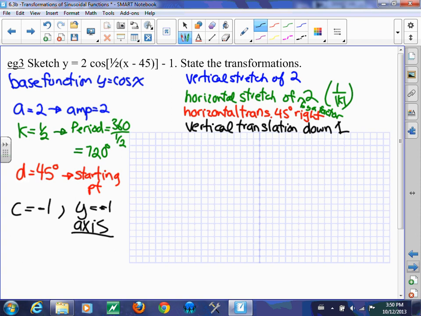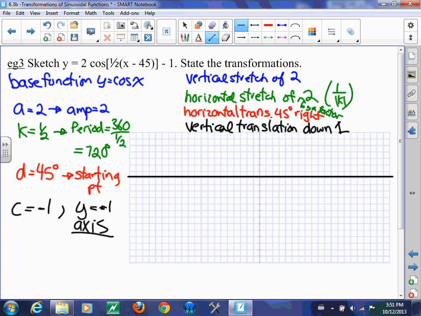All right. So taking a look at this, ladies and gentlemen, why don't we just set up our graph? Notice my axis is down a little bit lower, so I'll make it a little bit higher here. It doesn't quite matter where I start here. I'll just go down here. Okay.